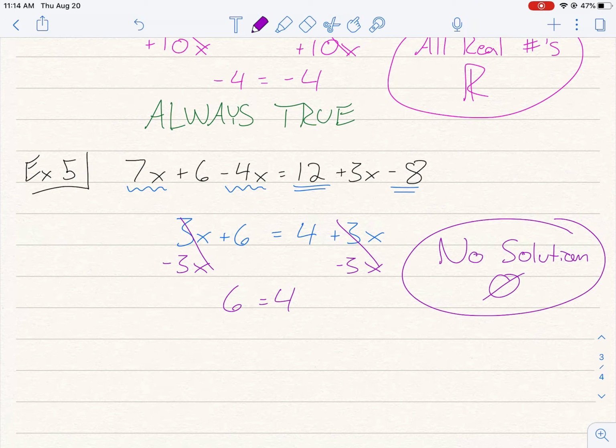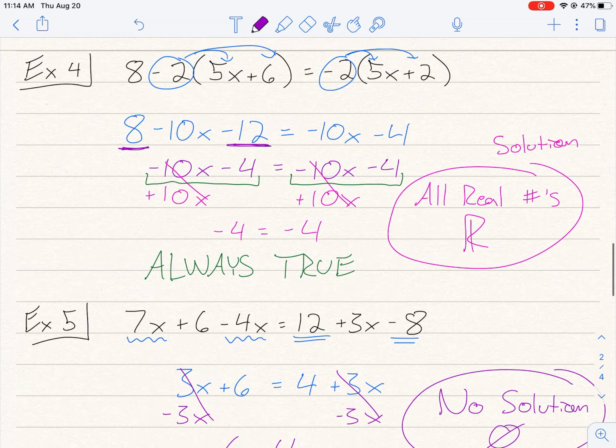So there's no solution here. The reason being is that this is never true. I cannot find a number that would plug into here that would ever make that statement true. So there's no solution, it's never true.